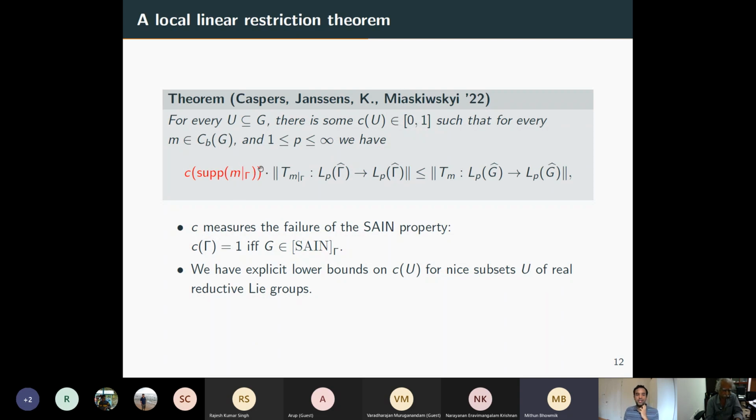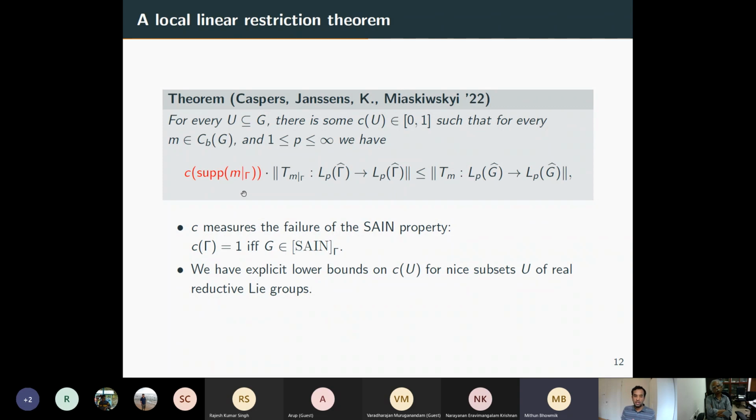And this factor, in fact, depends on the support of the symbol. This function C, which depends just on the support of the symbol, precisely measures the failure of this small almost invariant neighborhood property.